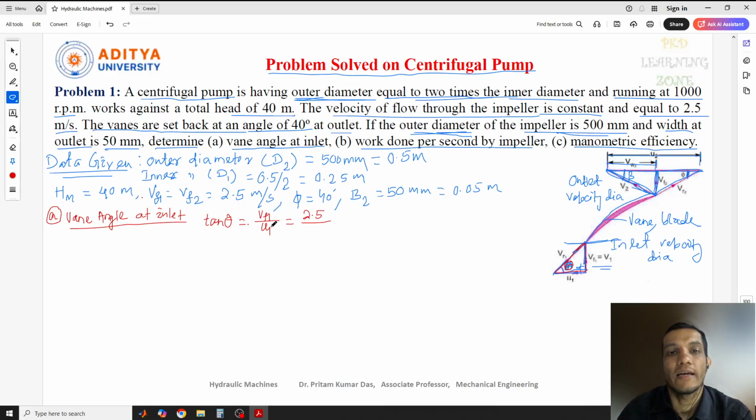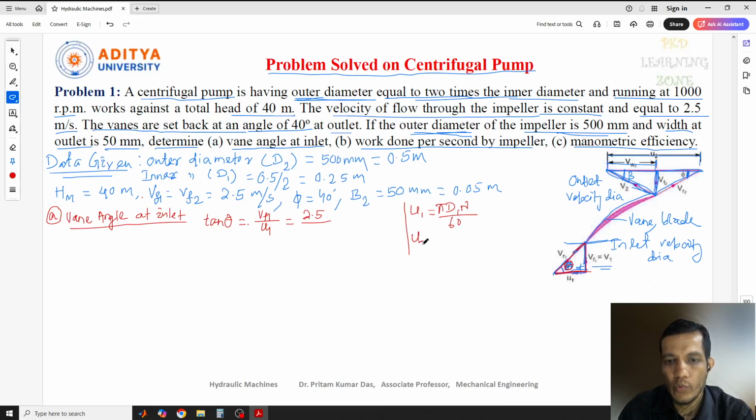U1 is nothing but the tangential velocity at the inlet condition. We know the formula, this is pi D1 N by 60.